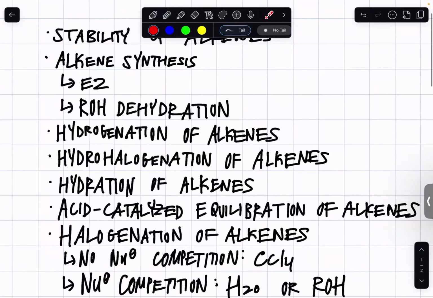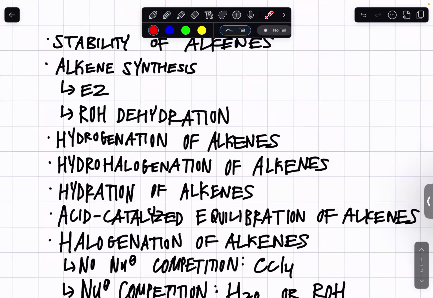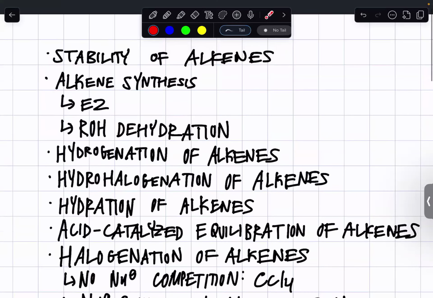When you send the lecture slides, I will put them in a Google Drive folder, which I will create for you after this session. But we can review the stability of alkenes and the E2 reaction from 118A, because the beginning of 118B is gonna be about alkenes, carbon double bond carbons.